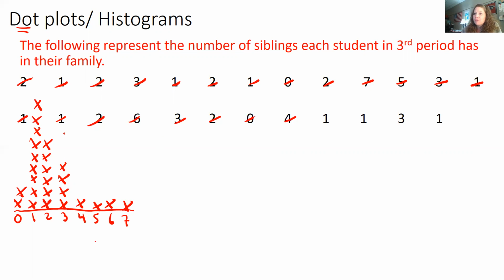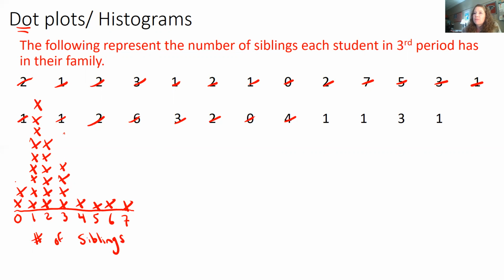Now, in order to make it a good dot plot, I would need a title. So we're going to put number of siblings. Now, very quickly, when I look at this, I can tell the most popular answer. That word is called the mode, the number that occurs the most. So I see that 1 is the most popular answer.